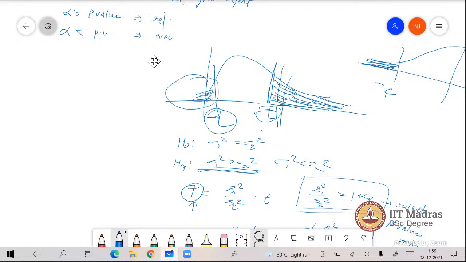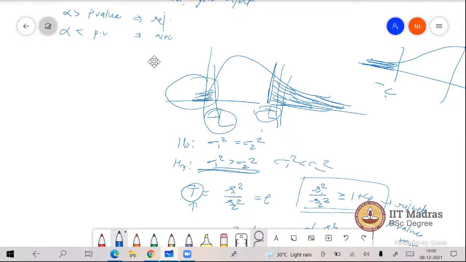Okay. How will you proceed from here for finding such a p value? Just think about this. What we generally do is just take twice of that, right?